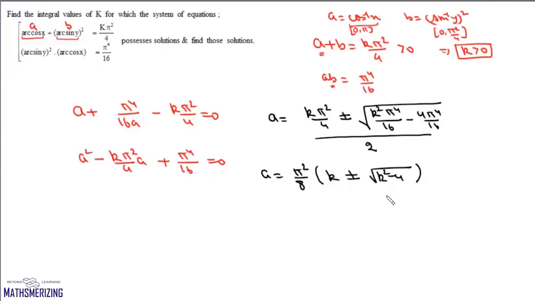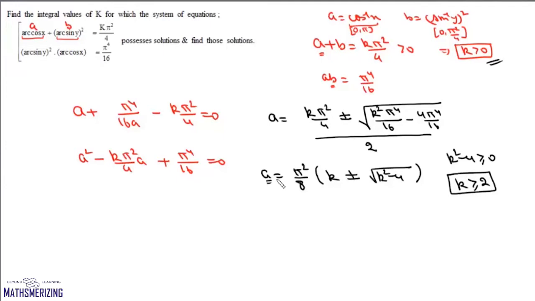Now this equation must have real roots. That means the value of k square minus 4 should be greater than or equal to 0. That is, the value of k should be greater than or equal to 2, provided that k is a positive number. So one condition that we get is that the value of k should be greater than or equal to 2.